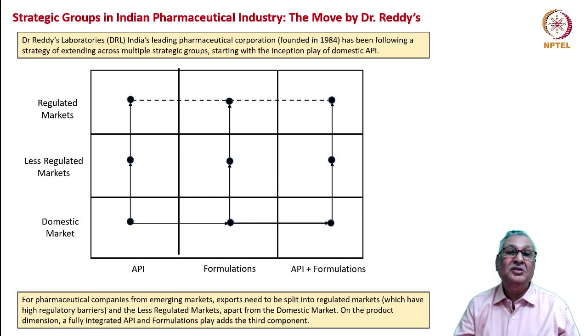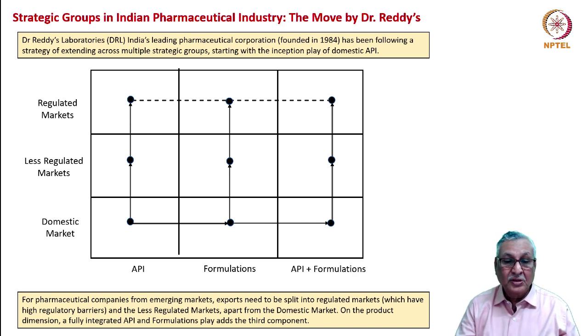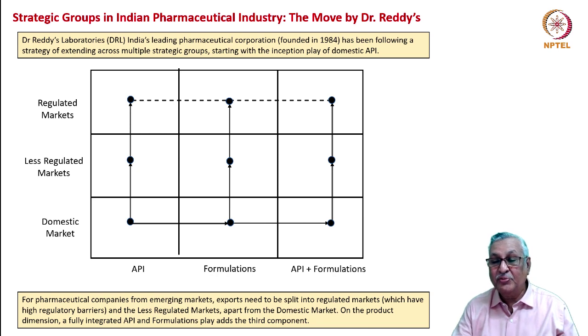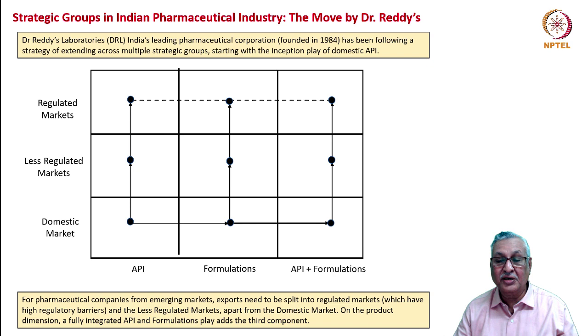So you can see that there is a logic of moving across strategic groups with clear strategic approaches that are laid out by companies. For pharmaceutical companies from emerging markets, exports have to be split between regulated markets, which have high regulatory barriers, and less regulated markets, a part of the domestic market. Therefore, this also drives the kind of technological strategy, the kind of quality strategy you need to have.